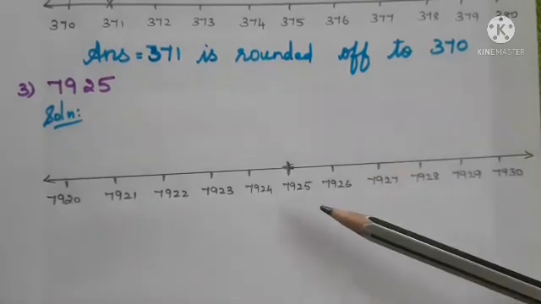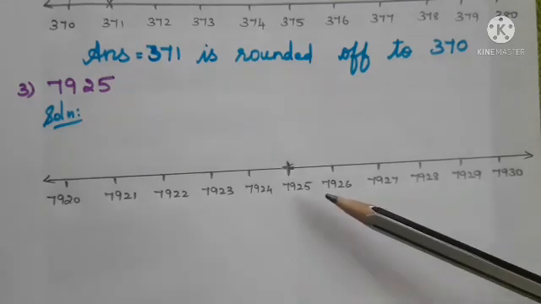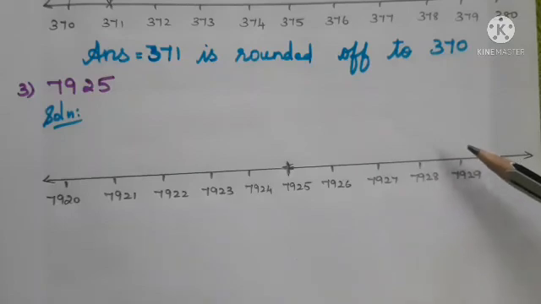If the ones place has 5 6 7 8 9, that means 5 or more than 5, it will round up. That means it is closer to the next, the greatest tens place.